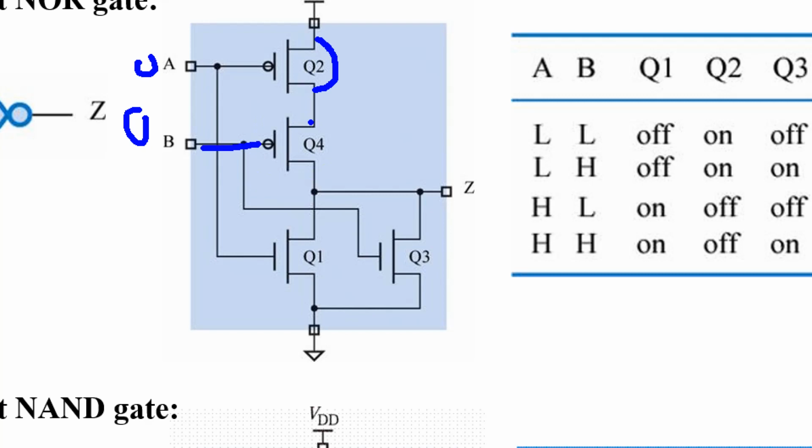Q4 is also active low, so when you apply 0, Q4 turns on. That means this point and this point are short together.